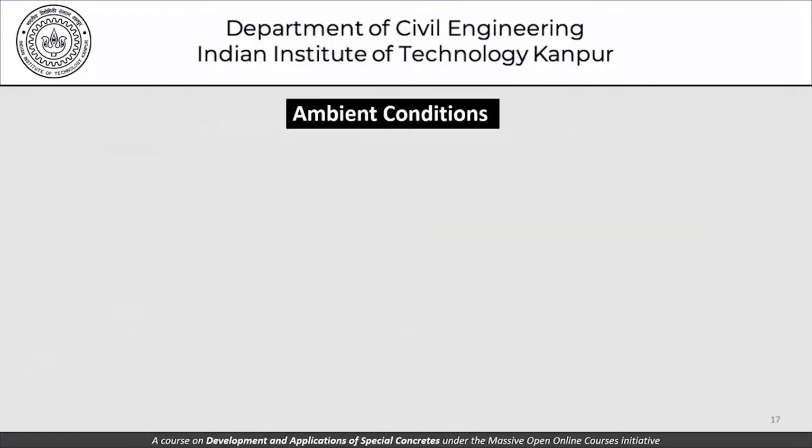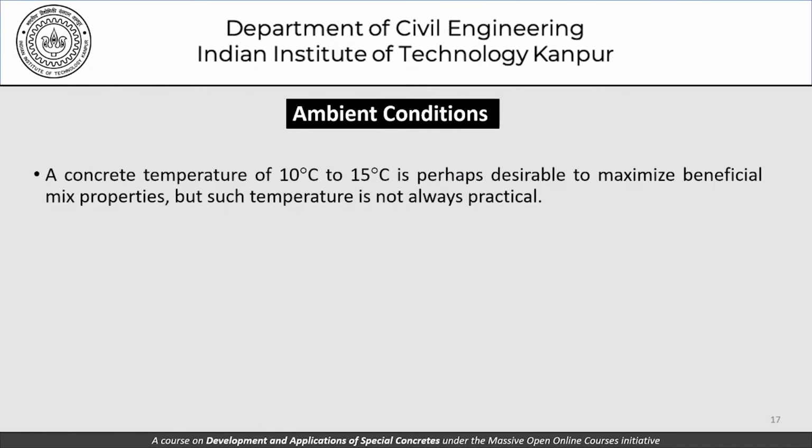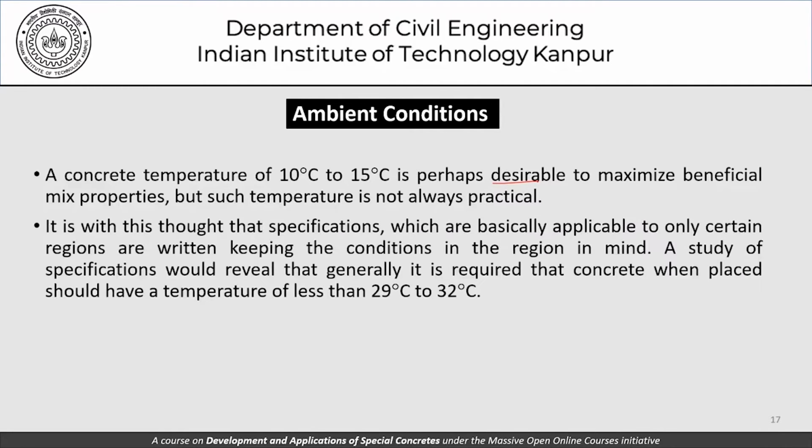As far as ambient conditions are concerned, a concrete temperature of 10 to 15 degrees is perhaps the most desirable to maximize the benefits of mixed properties, but it may not always be possible to get these temperatures. It is with this thought that specifications, which are applicable to certain regions, are written keeping in mind the conditions of the region.